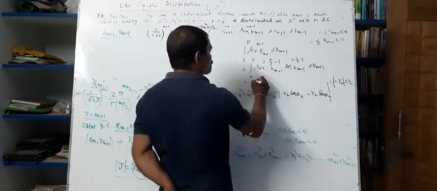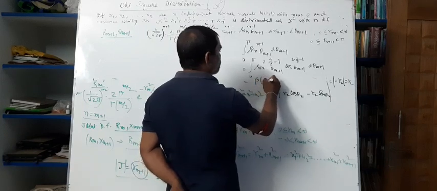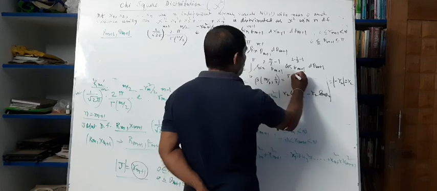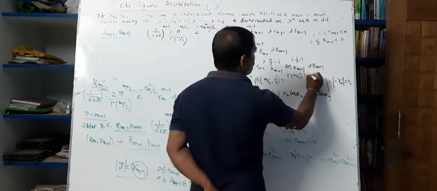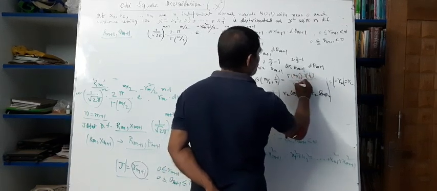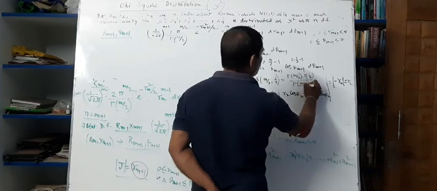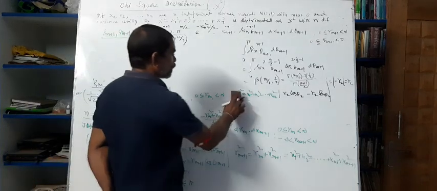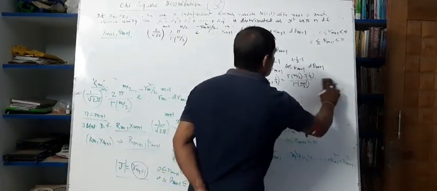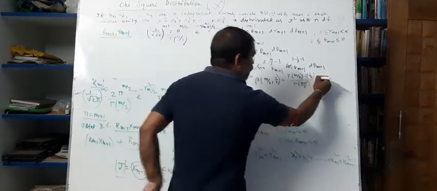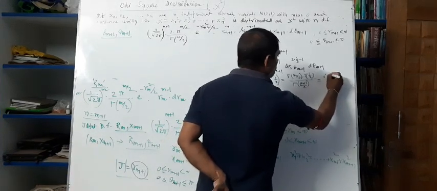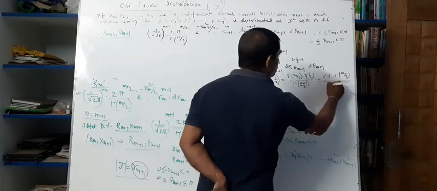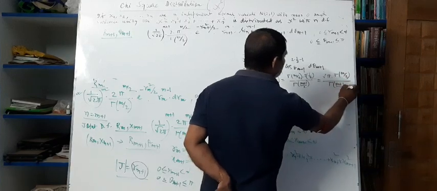So we write this as beta of m by 2 and half, and that converts to gamma of m by 2 gamma half divided by gamma of m plus 1 by 2. Now gamma of half is equal to root pi. So root pi into gamma of m by 2 divided by gamma of m plus 1 by 2.